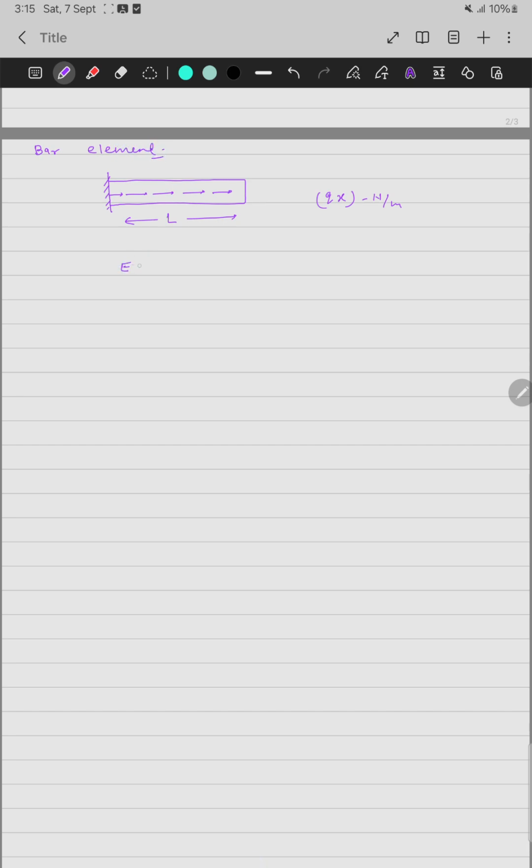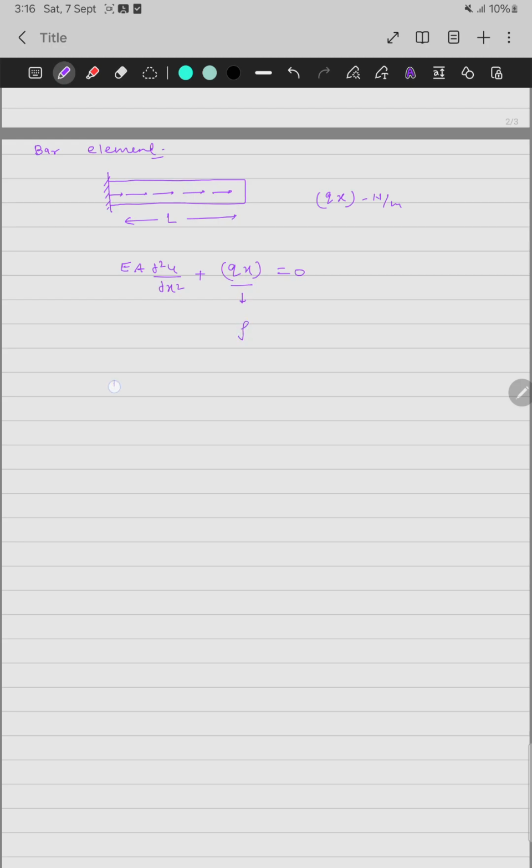So we got an equation of EA del 2u by del x2 plus qx equals 0. This is basically the load acting per unit length. Let's represent it as rho.